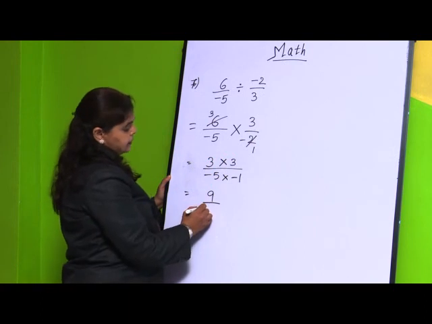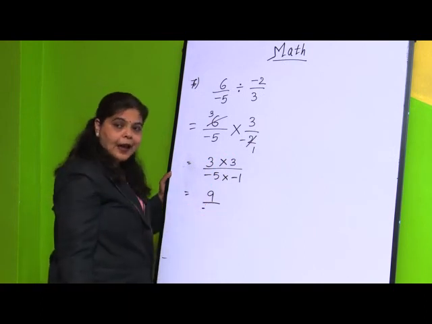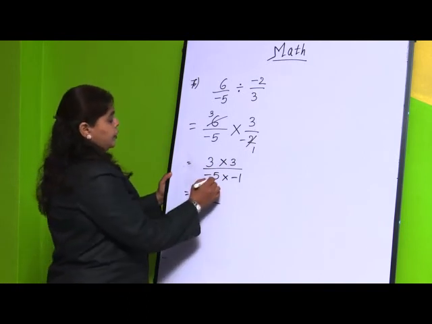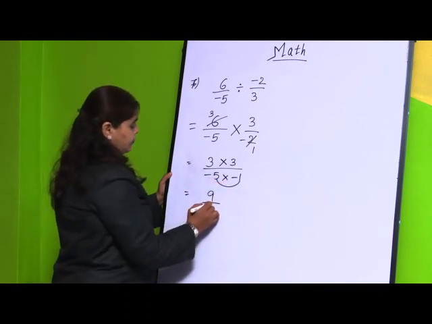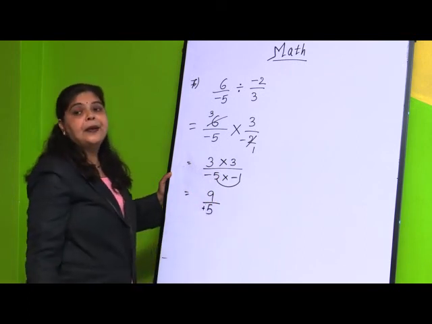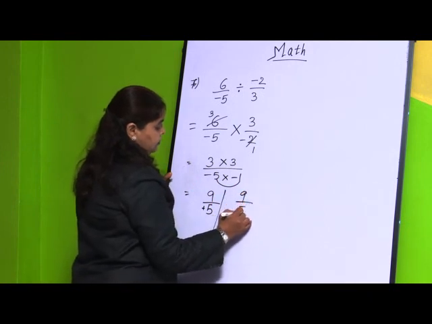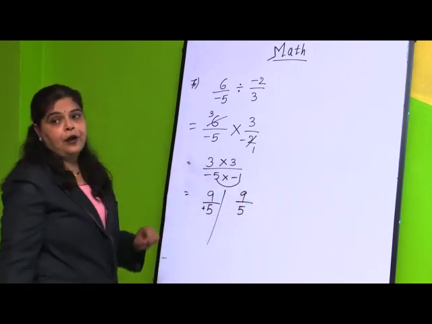So, if it is plus, we can write the number directly, or if you write a plus, it is okay. So, here will be 5 1s are 5. So, we can say it is plus 5, or we can say it is 9 upon 5.